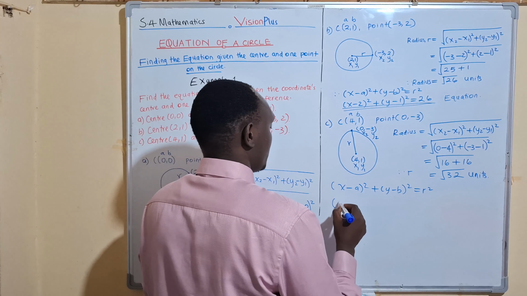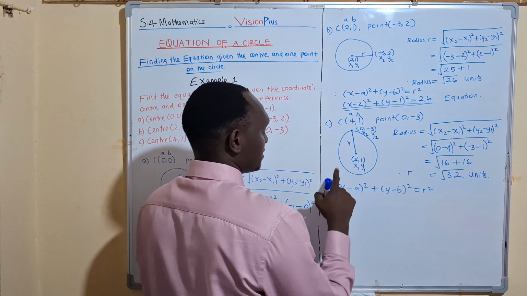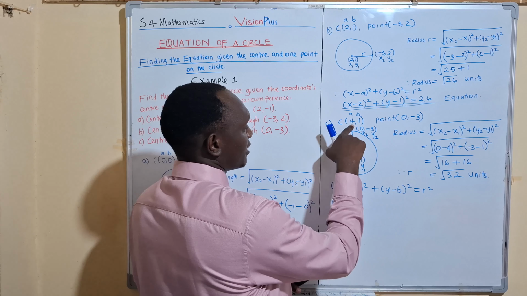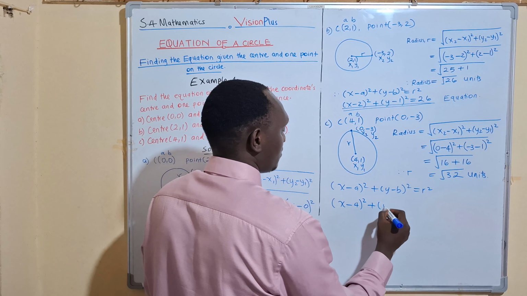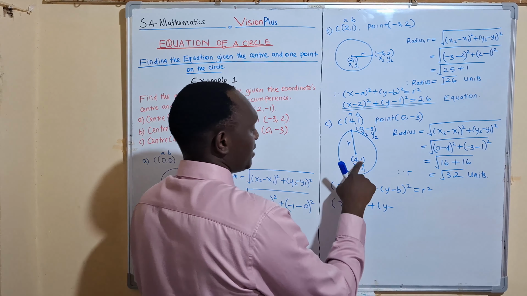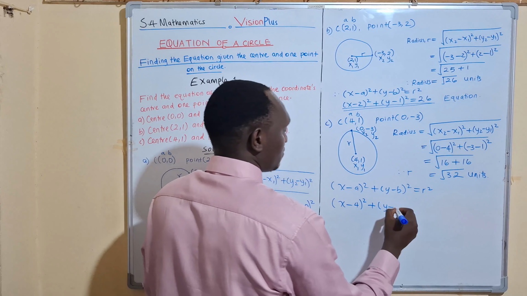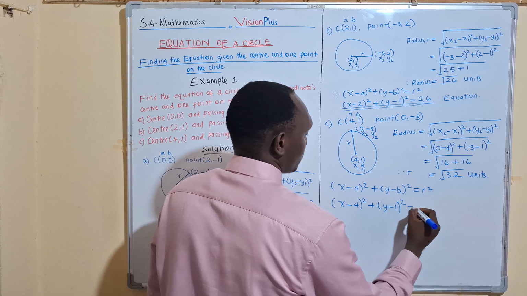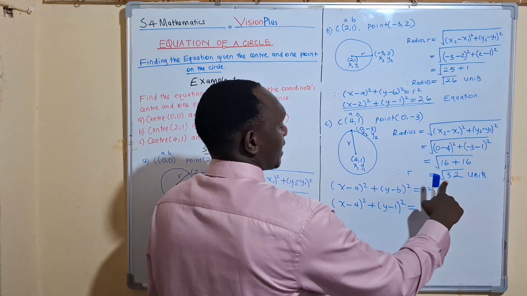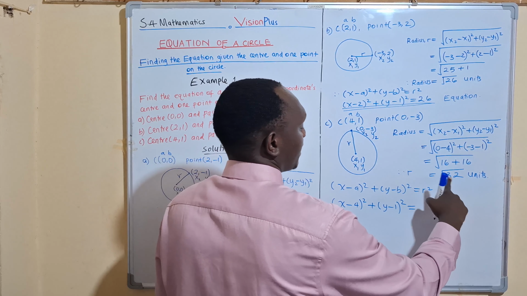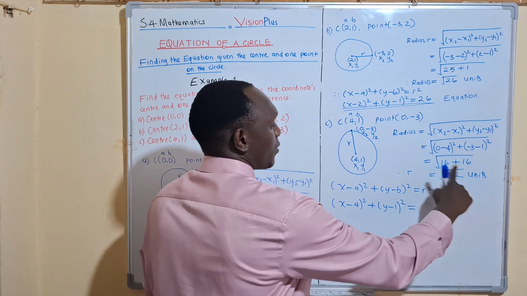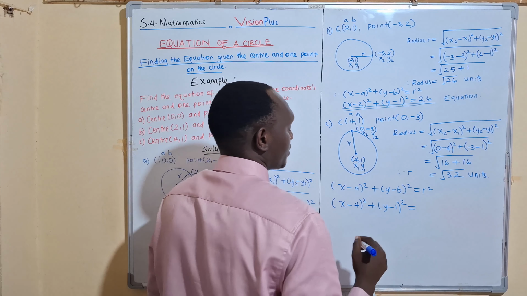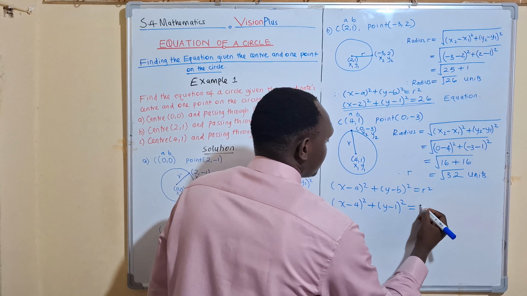On substituting, x minus a, where a is the first coordinate of the center, which is 4, squared, plus y minus b, where b is the second coordinate of the center, which is 1, squared equals r squared. R is root of 32, but we are looking for r squared, so we square root of 32, and it gives you 32.